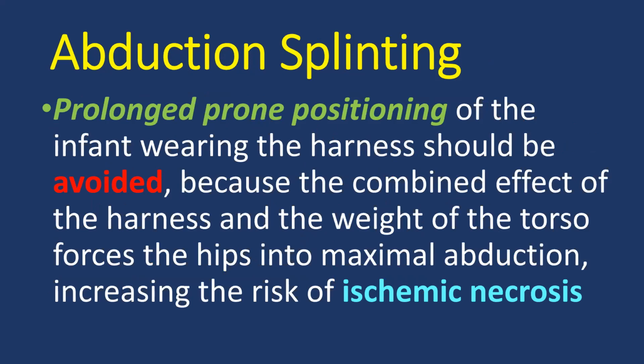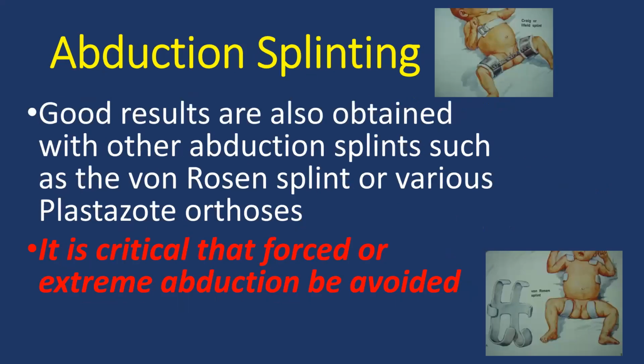Prone positioning of the infant wearing the harness should be avoided because the combined effect of the harness and the weight of the torso forces the hips in maximal abduction, increasing the risk of ischemic necrosis. So keep this in mind. Good results are also obtained with other abduction splints, such as the von Rosen splint or various plastazote orthoses.